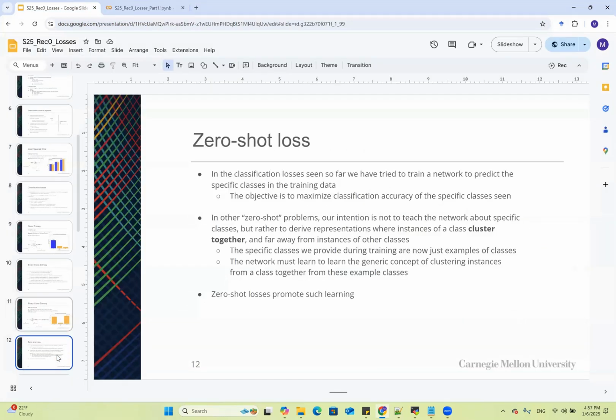Now, the zero-shot loss. In the classification losses seen so far, we have tried to train a network to predict specific classes in the training data. The objective was to maximize classification accuracy on the specific classes seen. For example, previously we were training a classifier for dog and bird, but we didn't train it on a mouse.